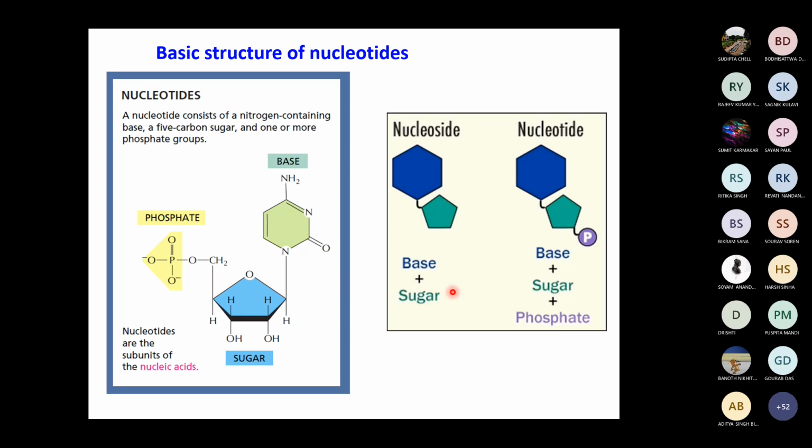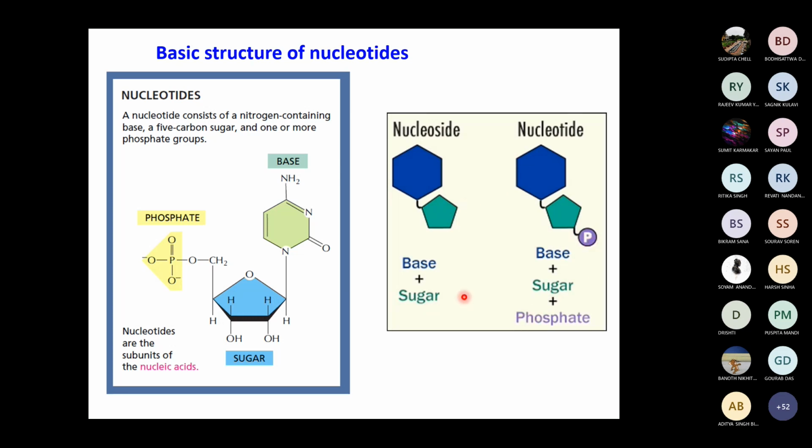It is not sugar and phosphate; here there is base and sugar in nucleoside. So phosphate is missing in nucleoside. When that phosphate group is added, see, one P over here is added, so it forms a nucleotide. The nitrogenous base is the blue one, sugar in green, and phosphate in violet. I have given the color coding.